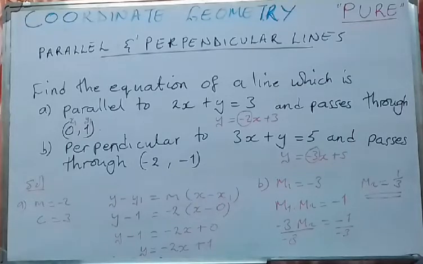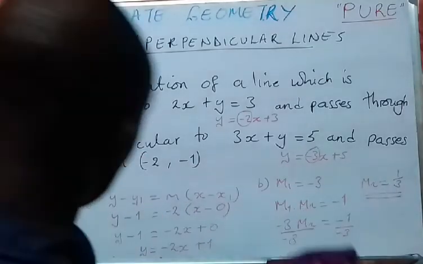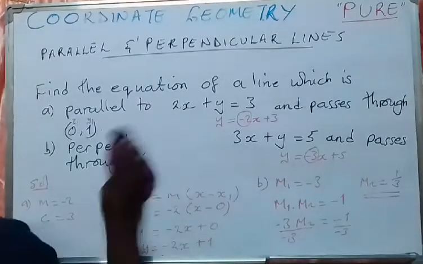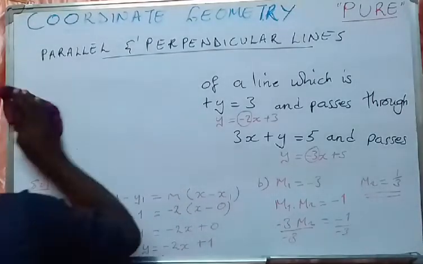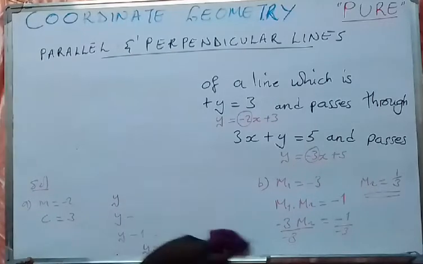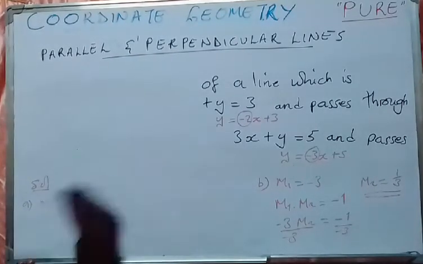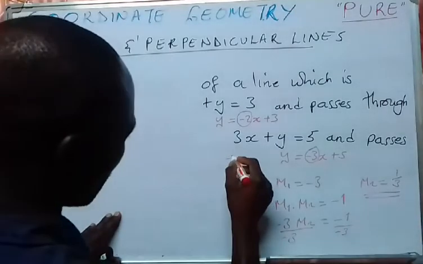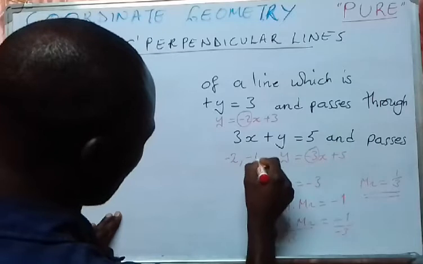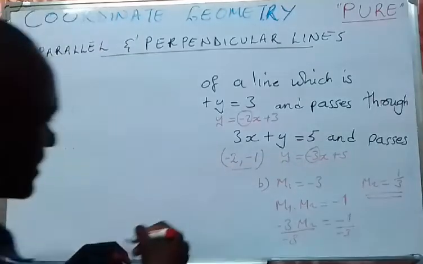So for us now to find the equation of the line which is perpendicular to 3x plus y equals 5 and passes through (-2, -1), we are going to find this as straightforward. Well, let's do this now. We have the gradient of the second line, and it passes through (-2, -1), these were our coordinates.